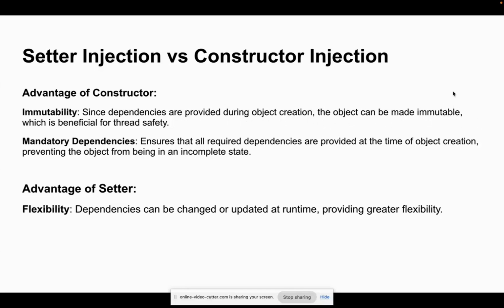It's a very important point, which is beneficial for thread safety. Mandatory dependencies also ensure that all required dependencies are provided at the time of object creation, preventing the object from being in an incomplete state.